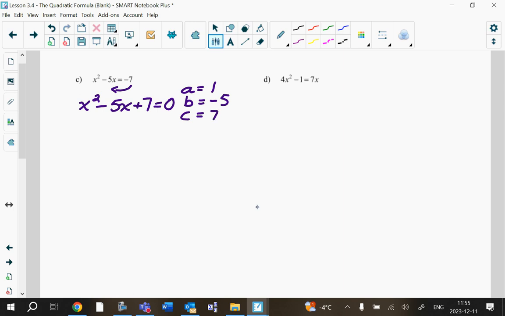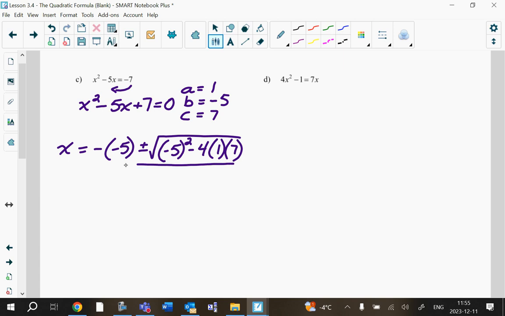So quadratic formula. Negative negative 5 will work out to 5, plus or minus the square root of negative 5, don't forget the parentheses, squared, minus 4 times 1 times 7, over 2 times 1.